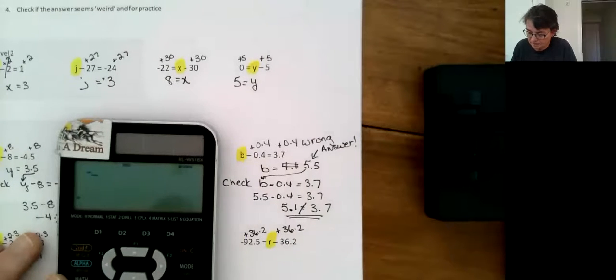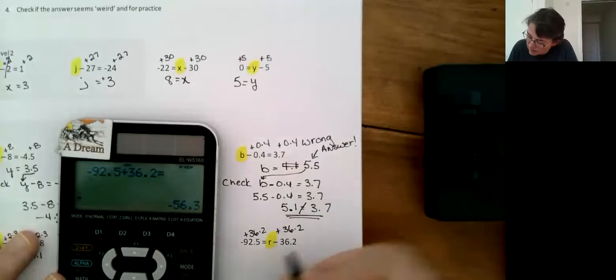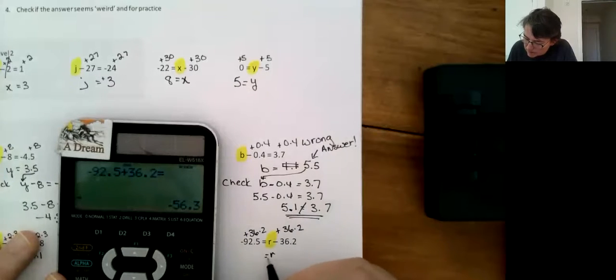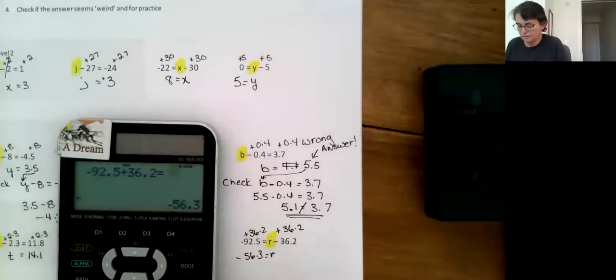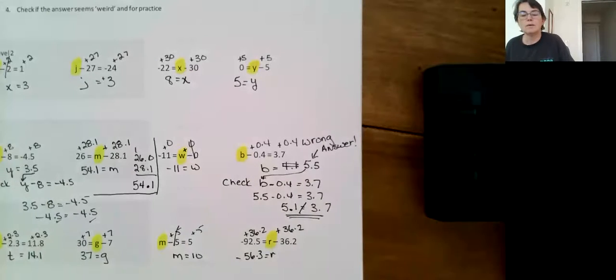So negative 92.5 plus 36.2. And R is equal to minus 56.3. And there we go.